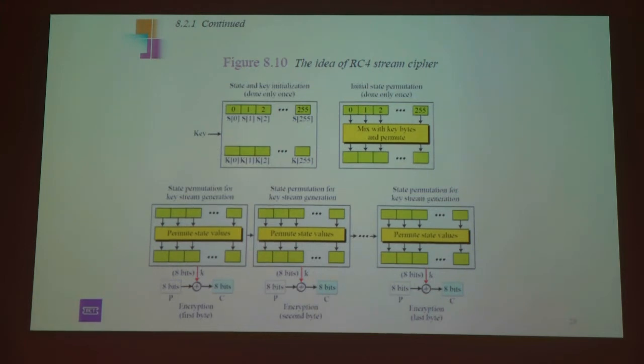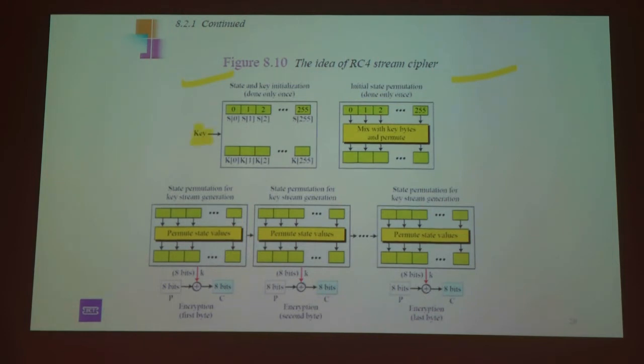The way it happens, the first 2 steps here happen once. The first thing, we have the key, which is like 128, 256 bytes, and that's the key in here.